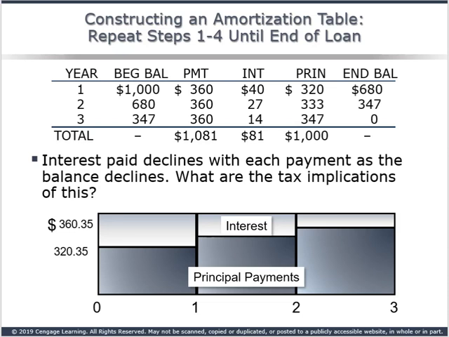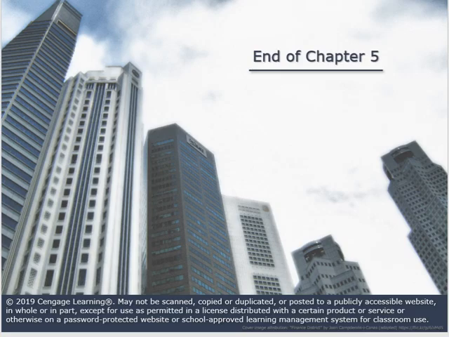We get the new principal balance, and so now we see what the new payment would be. So what this does is that as a loan continues to be paid, the amount of principal goes up, the amount of interest goes down until it's all paid. So this is a brief lecture on Chapter 5.